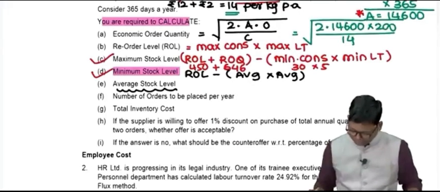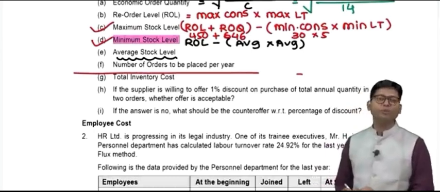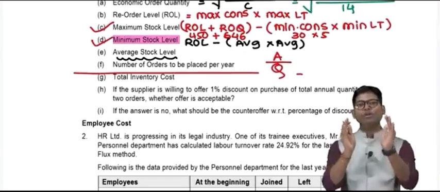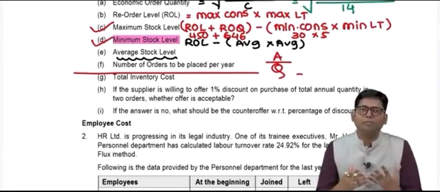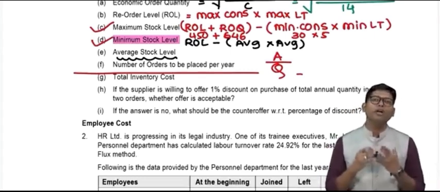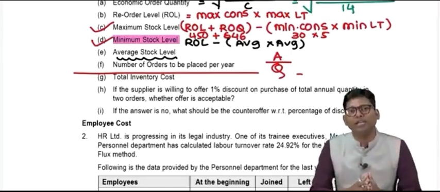And finally, the last simple computation point is number of orders to be placed. Whenever you are calculating number of orders to be placed, you should use the formula of annual requirement of material. Whatever material requirement is there on per annum basis is to be divided by the number of units or kgs, whatever quantity you are ordering in one order.